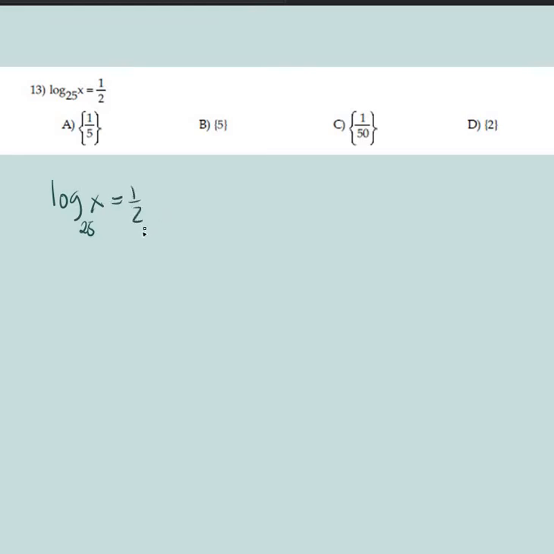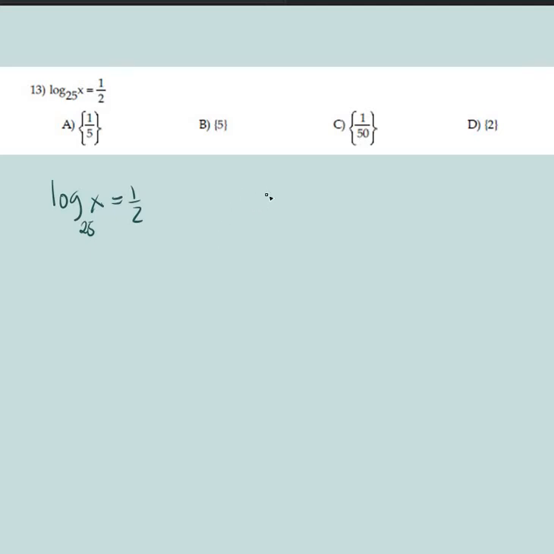Here you have to use one of those rules of logarithms, and there's a bunch of rules of logarithms. There's actually a PDF file with a formula sheet of all these rules that I would suggest you download and have at hand when you're solving these problems, because I don't want you to memorize all the rules, but you need to know how to apply them.